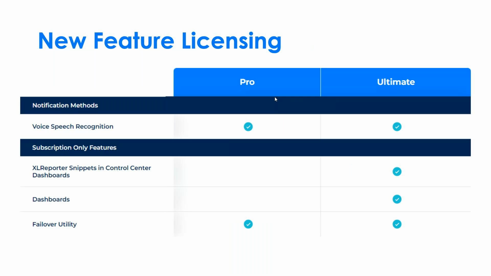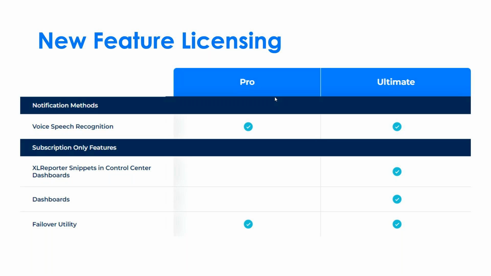And I just wanted to, if there are some questions about the licensing, this voice speech recognition thing, it's available in the perpetual and subscription licensing. So if you have a perpetual license already and you upgrade, you'll get all the new voice features that I just talked about.